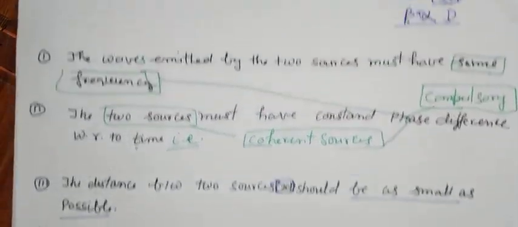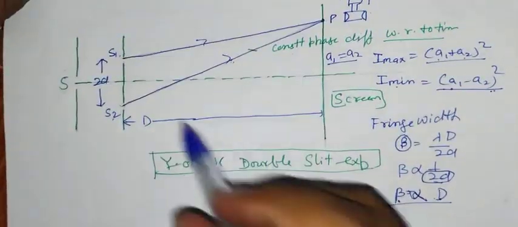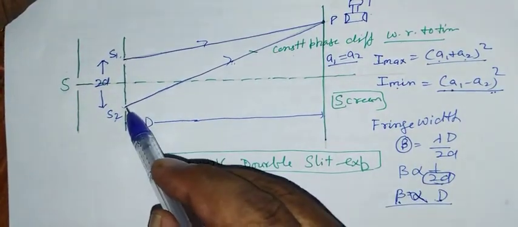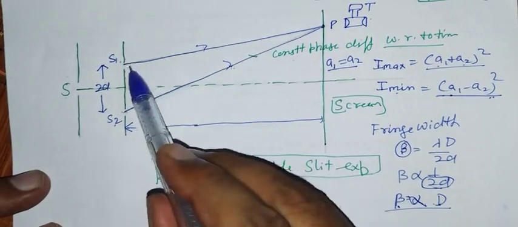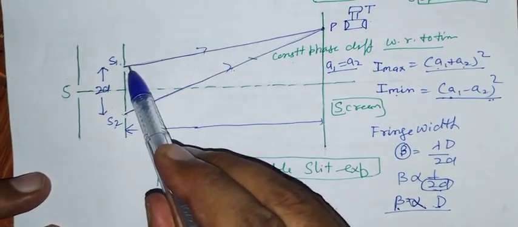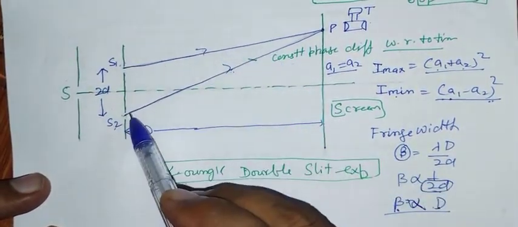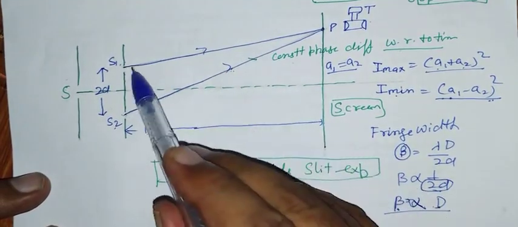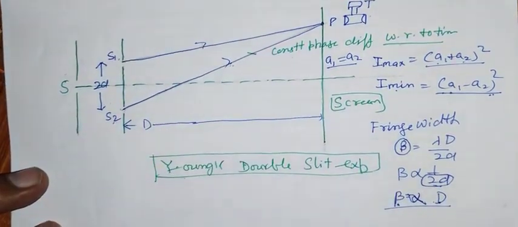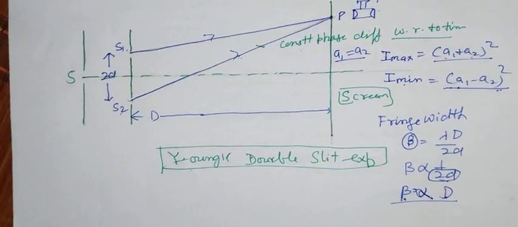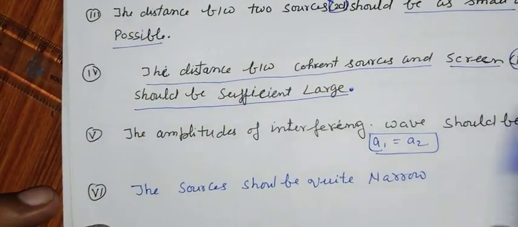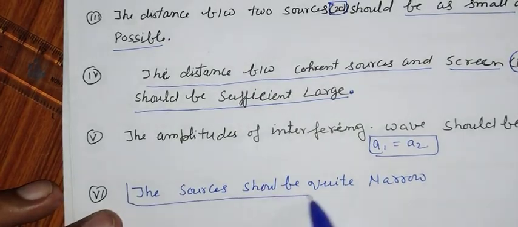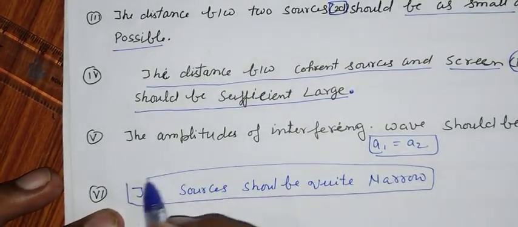And now the last: the slits of both virtual sources should be very thin, like a pencil beam of light, so that monochromatic light emits from both sources for a good interference pattern. The last one is that the two sources should be quite narrow.